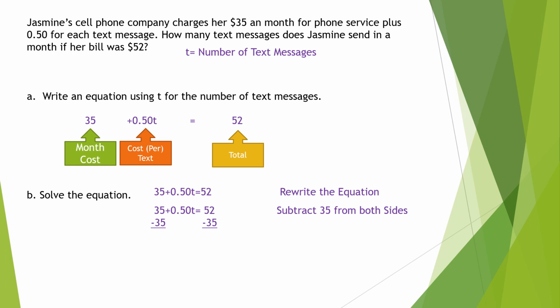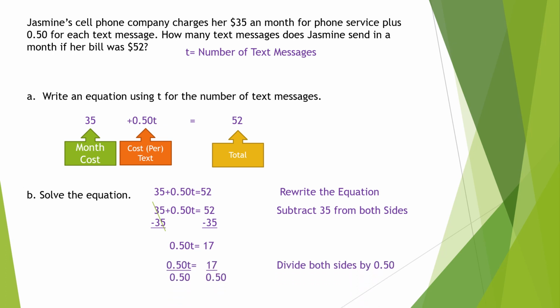So 35 minus 35 forms that zero pair, and we're just left with 0.50 or 50 cents times T equals 52 minus 35. That's going to be 17. So then we have to take the 0.50 or 50 cents times T. We're going to undo it, and we're going to divide both sides by 50 cents.